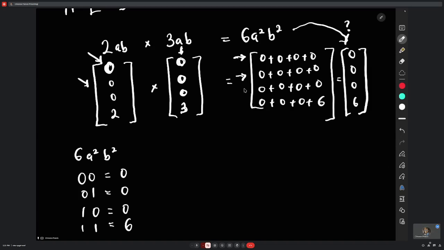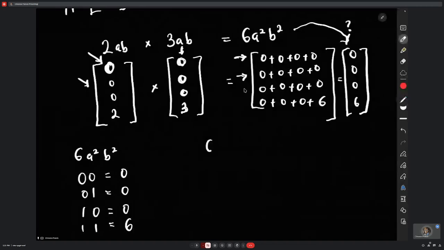But if you take other values outside the Boolean hypercube, they'll be different. If you compare this with 6ab, there's no difference evaluating it over the hypercube. So if we are given this evaluation form, we cannot tell if it is 6ab or 6a squared b squared.